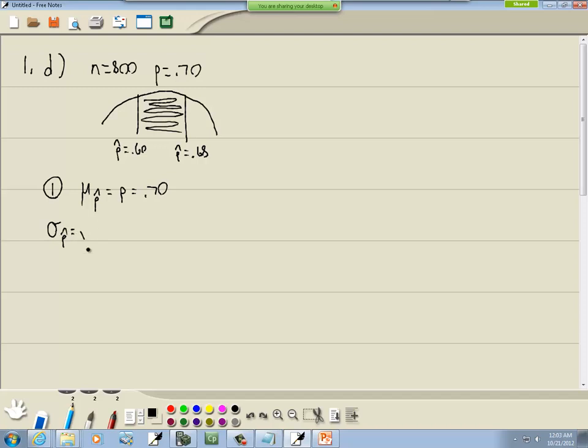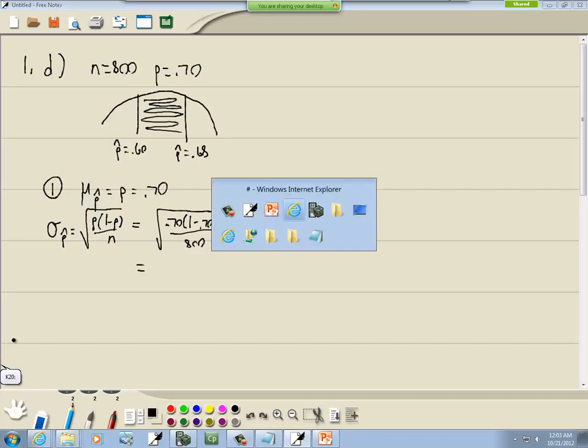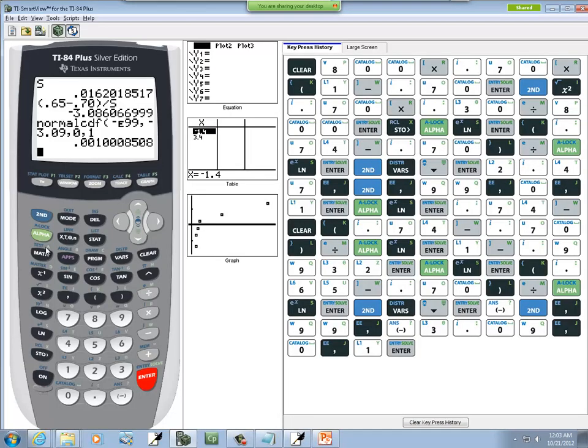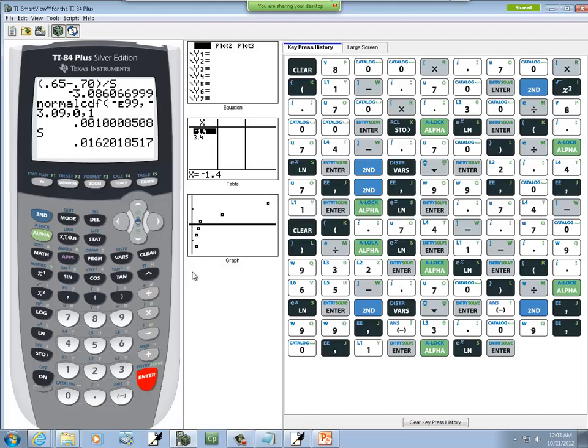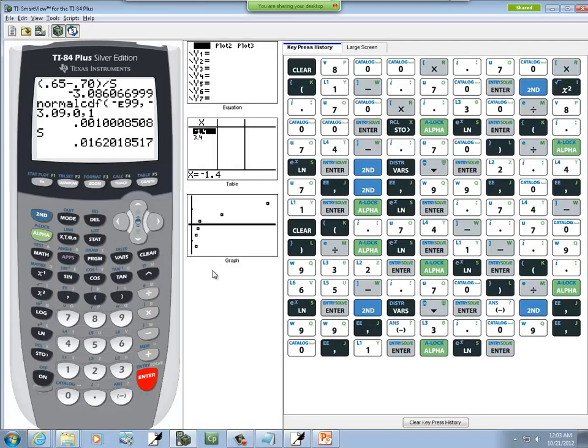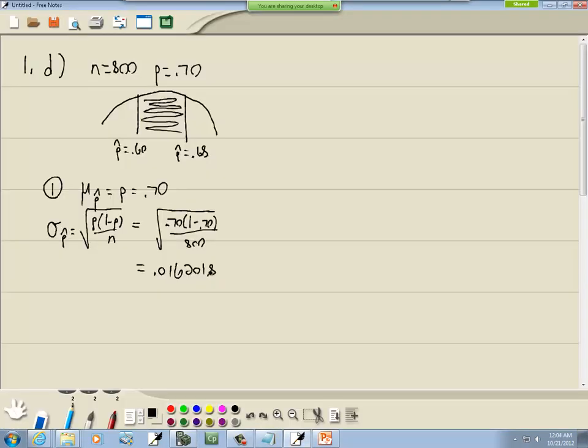Sigma sub p hat is equal to the square root of p times 1 minus p over n, which is 0.70 times 1 minus 0.70 divided by 800, which again, I almost got it memorized. Well, no, I don't. I'm lying. Let me do alpha ln and get that. So that's 0.0162018517.